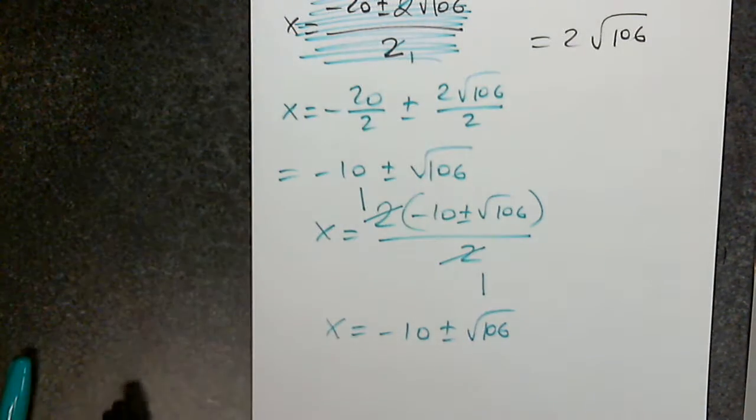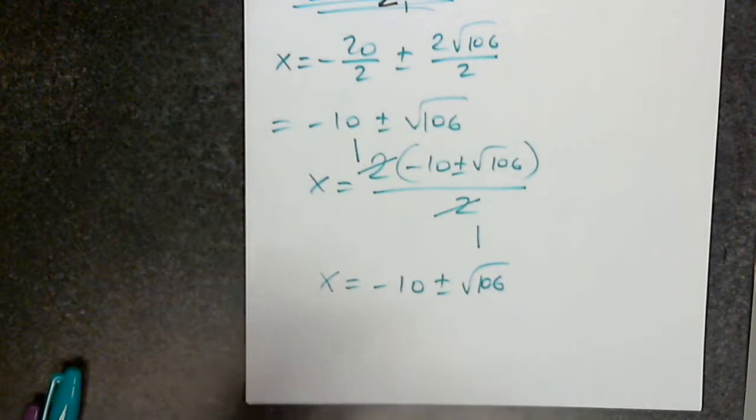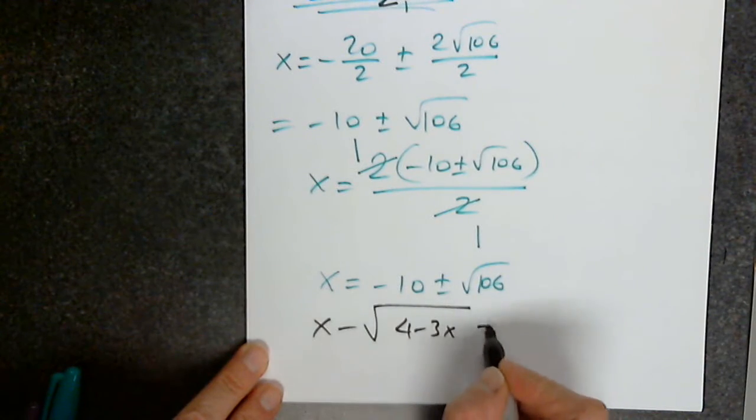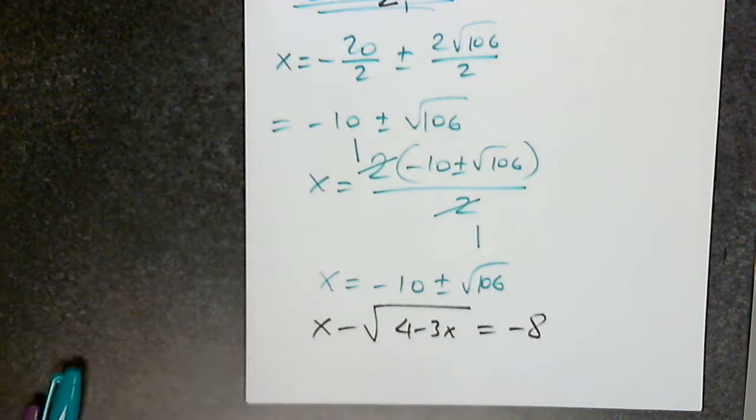Okay, let's look at a radical equation. Ready? Let's say x minus the square root of 4 minus 3x equals negative 8. How do we do this? How do we solve a radical equation? It is mandatory to isolate the radical first.